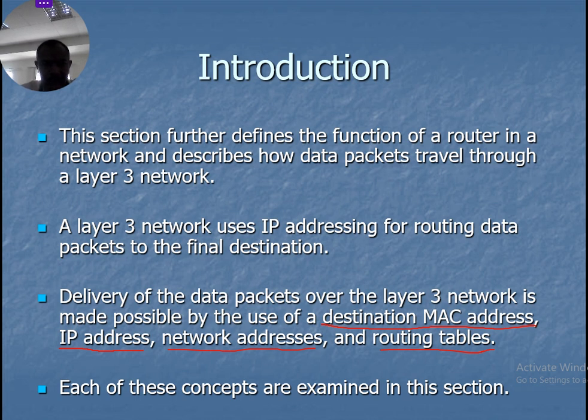Now let's quickly take a look at another thing within the fundamentals of router: the delivery of the data packets. The delivery of the data packets over the layer 3 network is made possible by the use of 4 things. What are these 4 things that we need to put in place in order to deliver the data packets to the destination? One is you need to know the MAC address.